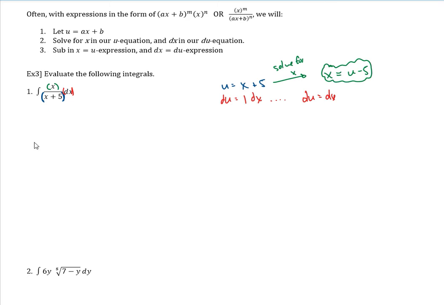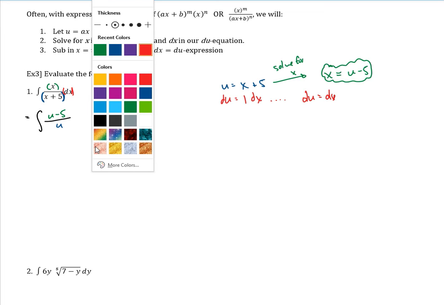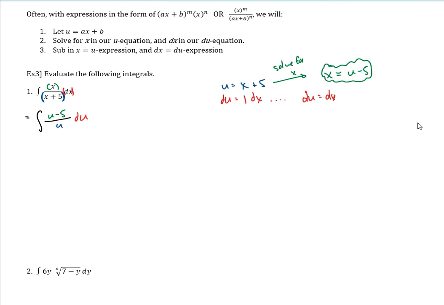But when we do that, I have my integral, and let's keep our color. x plus 5 is just u. The green x is u minus 5. And then the dx, we got to make sure it's all the same letter. I don't want dx, but I have a direct substitution. dx is the same as du, so I could sub that in right away.